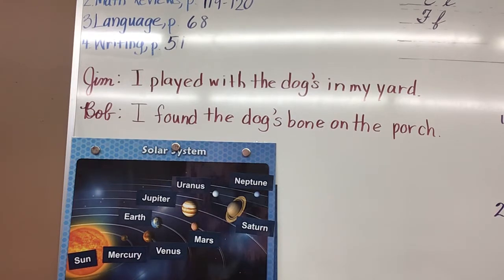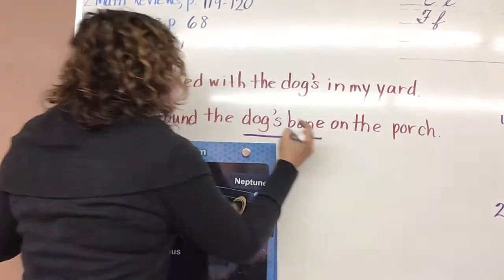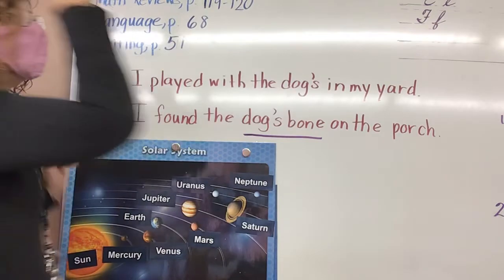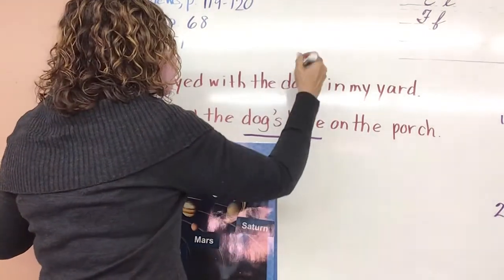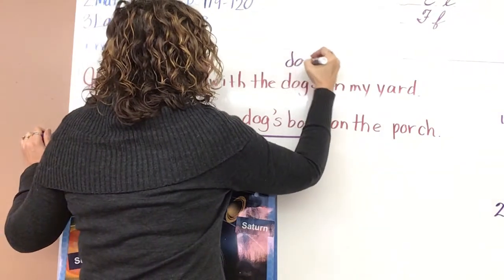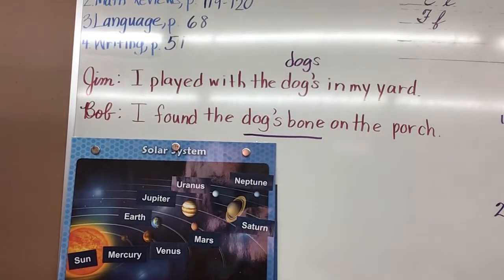Because dog's, apostrophe S, is supposed to show possession or ownership, right? Bob, very good, because Bob has dog's bone. What is this one really? Plural. Yeah, that's supposed to be plural, so it should not be dog apostrophe S, it should just be D-O-G-S, plural dogs. I played with the dogs, more than one dog in my yard.